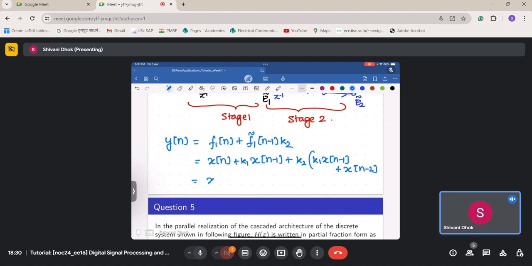So this gives us x of n plus k1 plus k1 into k2, into x of n minus 1, plus k2 into x of n minus 2. So this is my y of n, y of n in terms of x of n for a two-stage lattice for FIR filter designing.